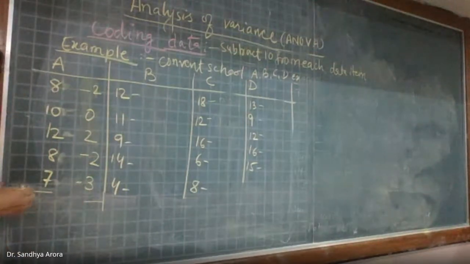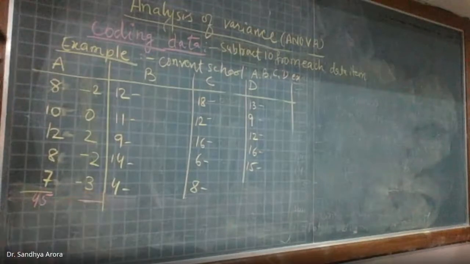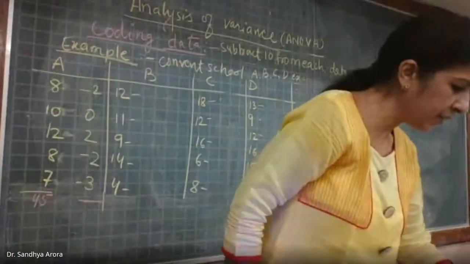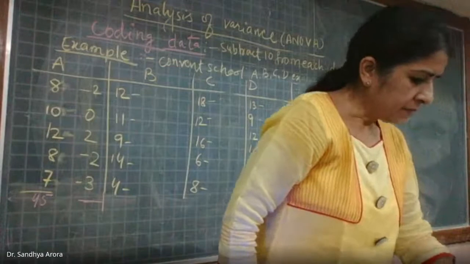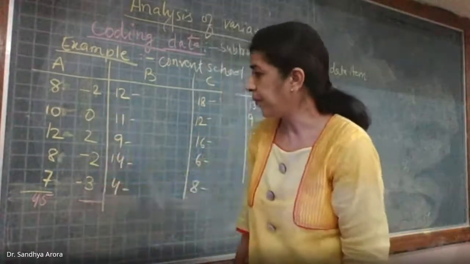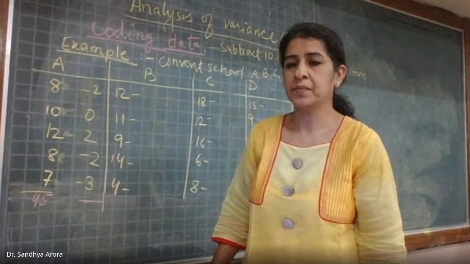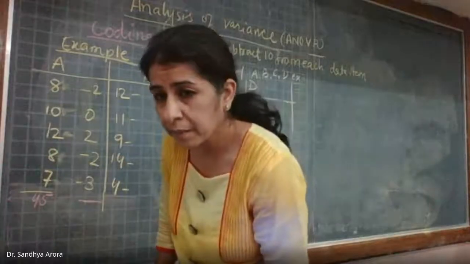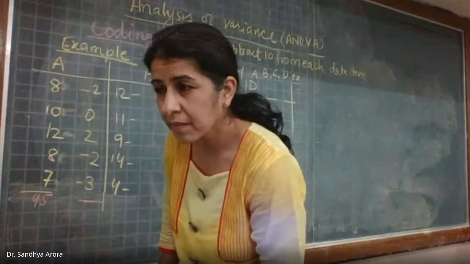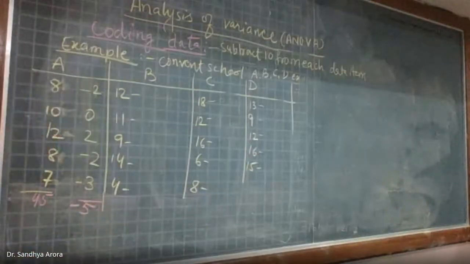This addition you have already done, that is 45. What is the addition of this? It is -5.